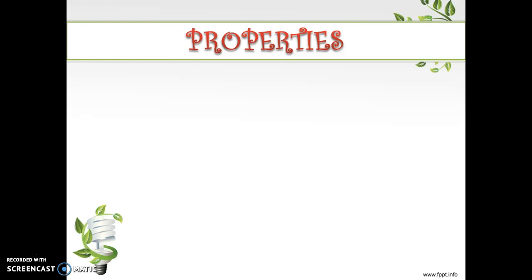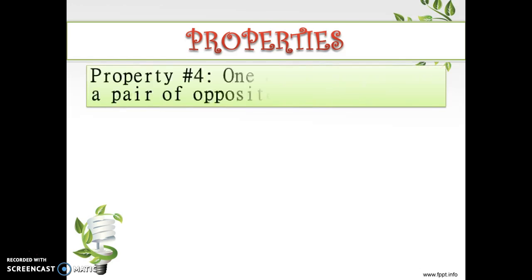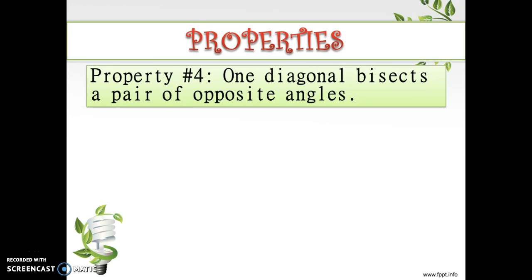And the fourth property states that one diagonal bisects a pair of opposite angles. Look at this diagram.